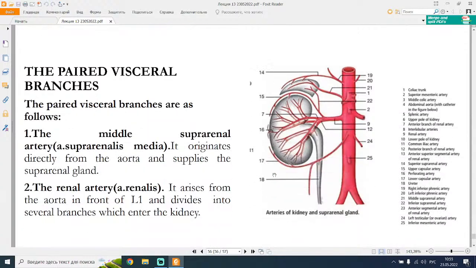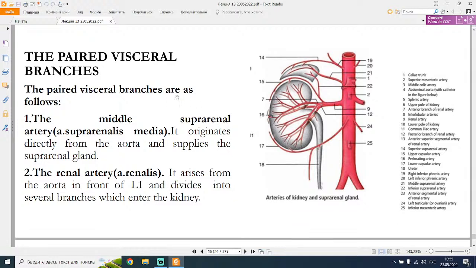This is the next part, the paired visceral branches. The paired visceral branches include the arteria suprarenalis media, which originates directly from the aorta and supplies the suprarenal gland.